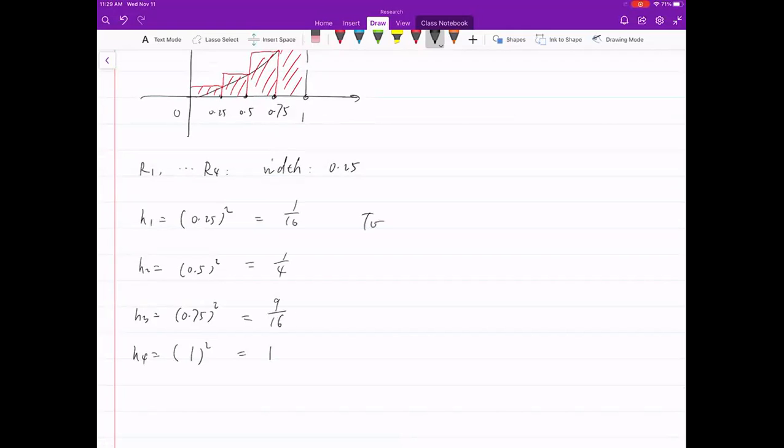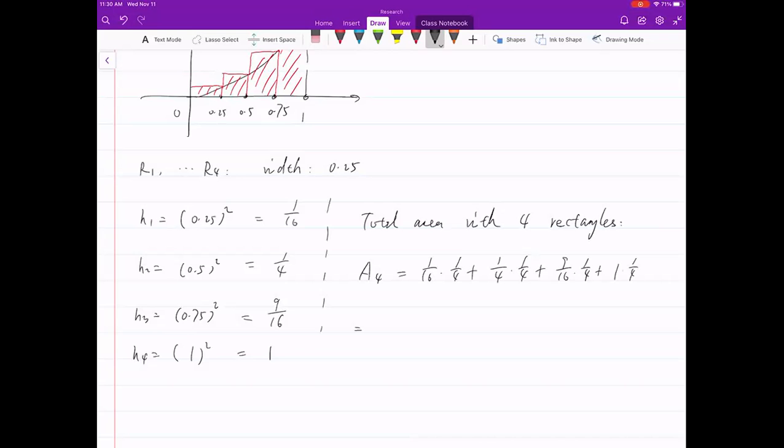Finally, the total area with 4 rectangles should equal the first one times 1/4 plus the second one times 1/4 plus the third one plus the fourth one. Each one is a rectangle. Rectangle is width times height, which gives me this.